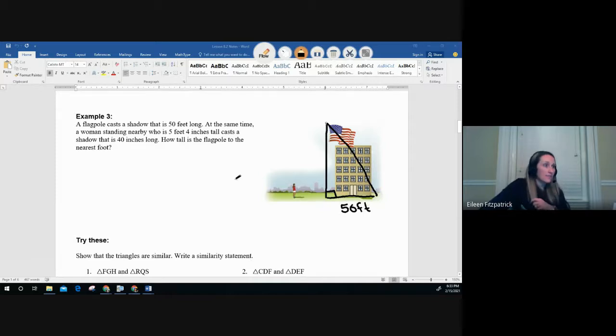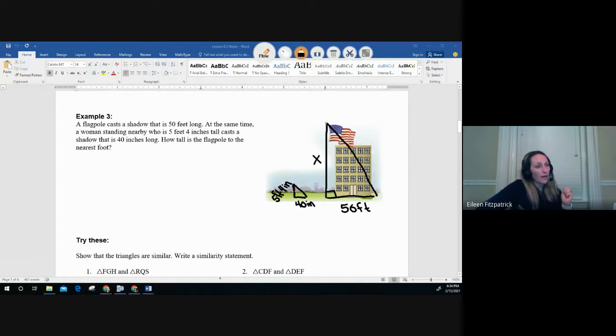It says at the same time, a woman standing nearby who is 5 feet 4 inches tall. So here's my lady. She's 5'4". It's about my height. All right. She casts a shadow that's 40 inches long. Okay. How tall is the flagpole to the nearest foot?